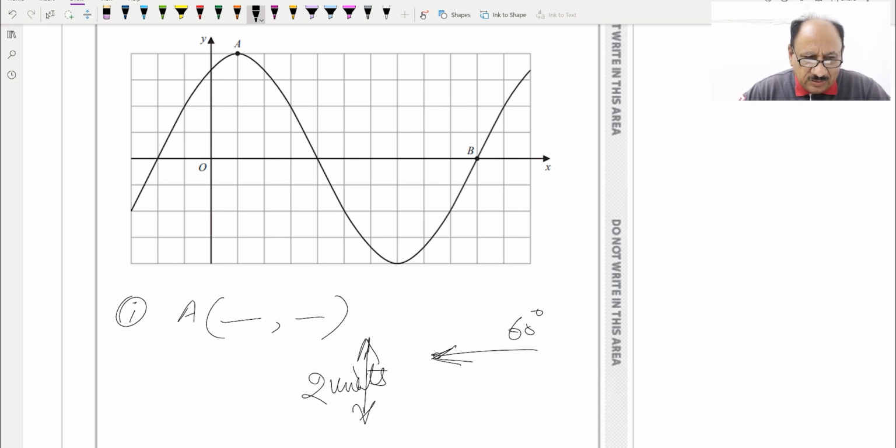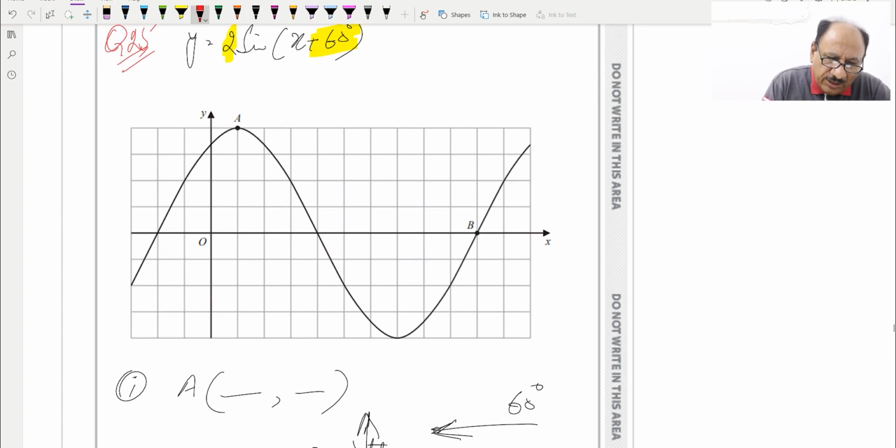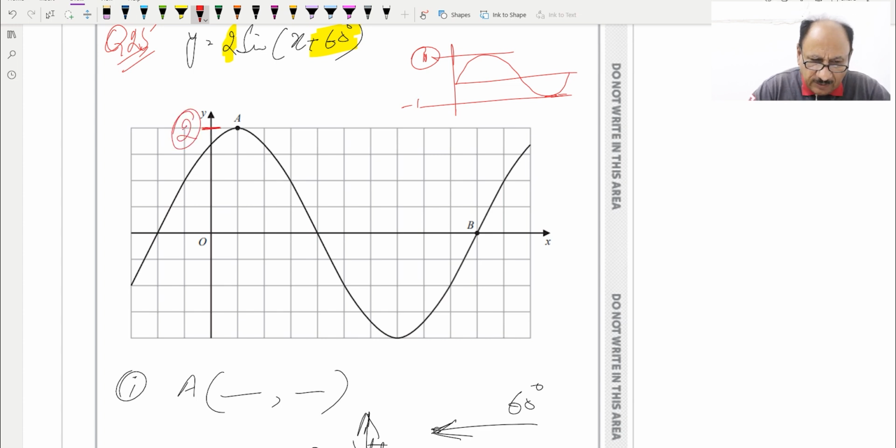We know that the maximum value of sine can be 1. Normal sine graph maximum value can be 1, and minimum value can be -1. So this is what we know. But after transformation, this 1 will be multiplied by 2, so it will be 2 units. So this position will be 2, and 60.